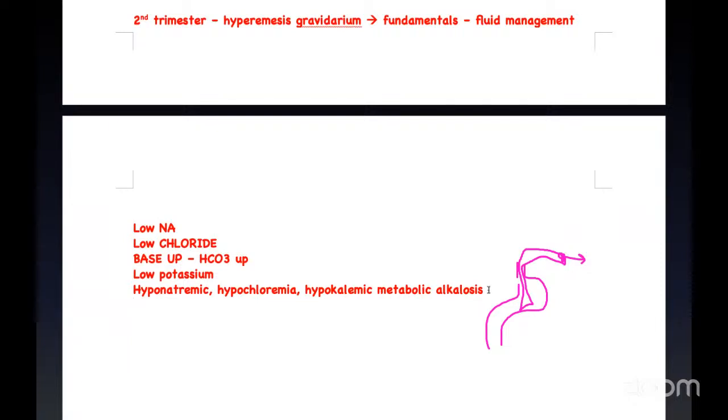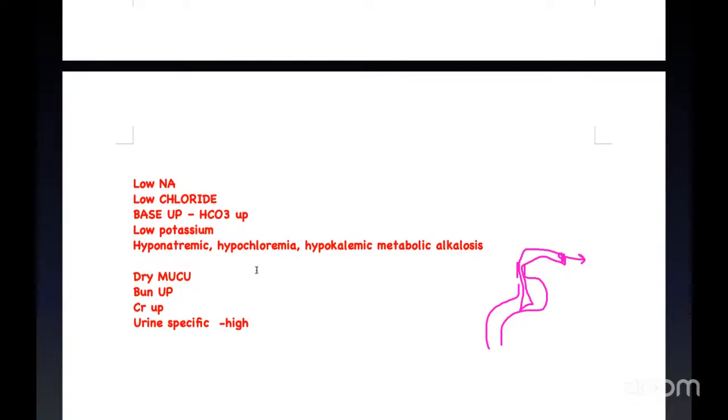But yeah, they're going to have dry mucous membranes. Their BUN is going to go up because they're dry, right? Their creatinine is going to go up. All these are lab work you should expect. Their urine specific gravity is going to be what? High, because they're trying to absorb all fluid from it. So when they give you a patient who has this problem, that's what they're trying to teach you, like dehydration.